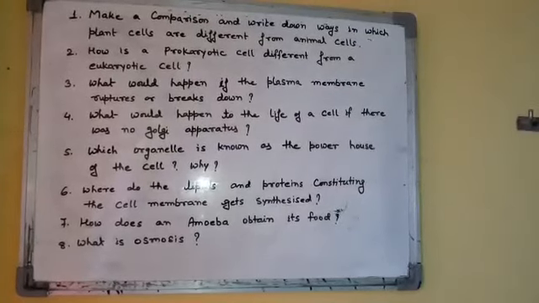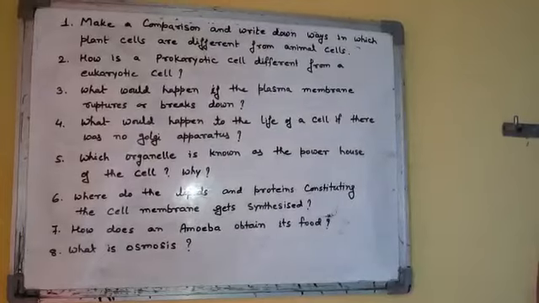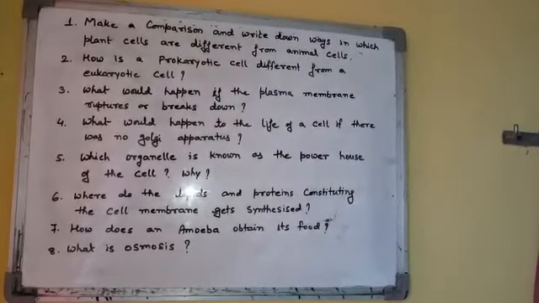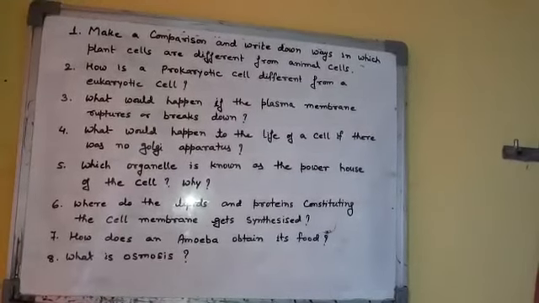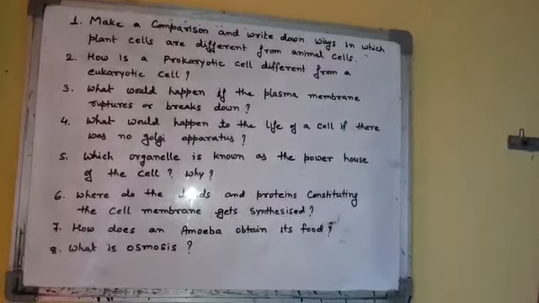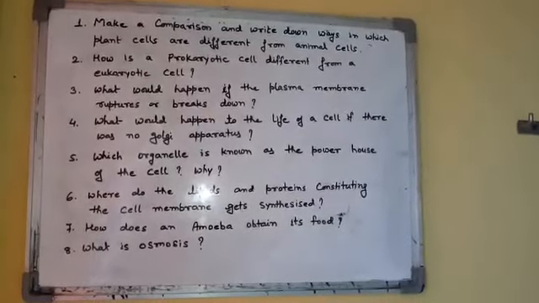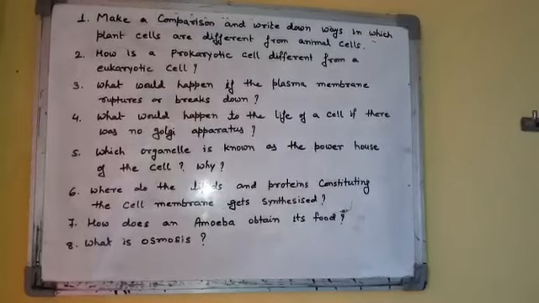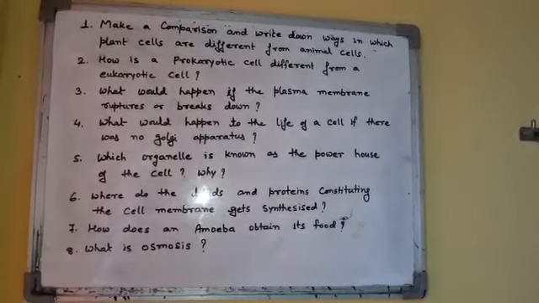The next question goes like, what would happen to the life of a cell if there was no Golgi apparatus? Now just recall the functions of Golgi apparatus. What functions does it perform? And obviously, in absence of Golgi apparatus, those functions would not be possible inside the cell.